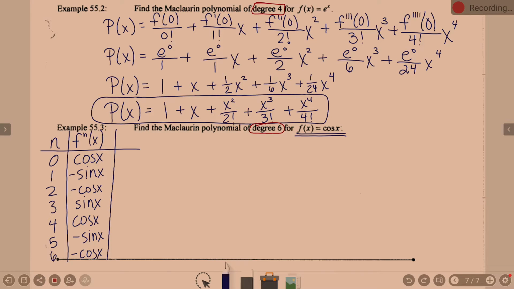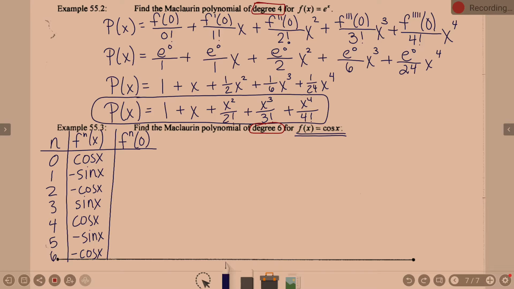Now the other column I'm going to go ahead and find is the nth derivative evaluated at 0. This is all in efforts so that when I set up my equation, we have all the information ready to go. So when I'm saying the nth derivative evaluated at 0, basically all these derivatives in the middle column evaluated at 0.